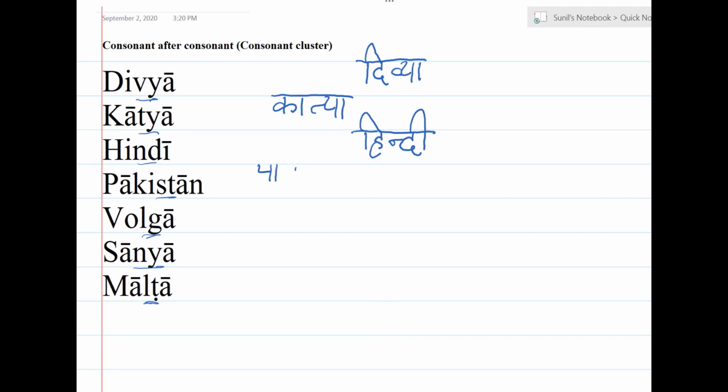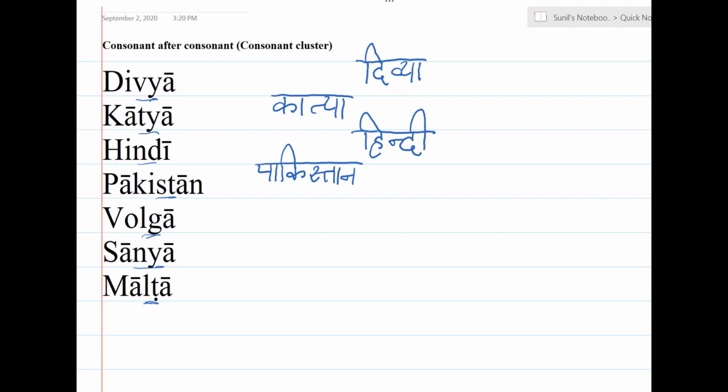Then you have next consonant ka. Ka has short i. Paki. Then you have sa, but sa is going to join with next consonant ta, so you need half sa here. So what you do is take off the vertical line and join it with ta, and ta has long a, ta and na.